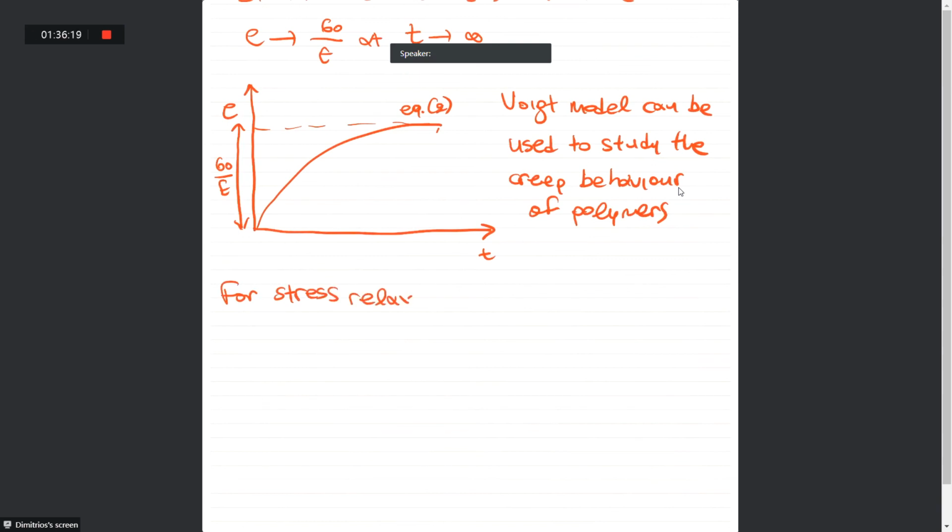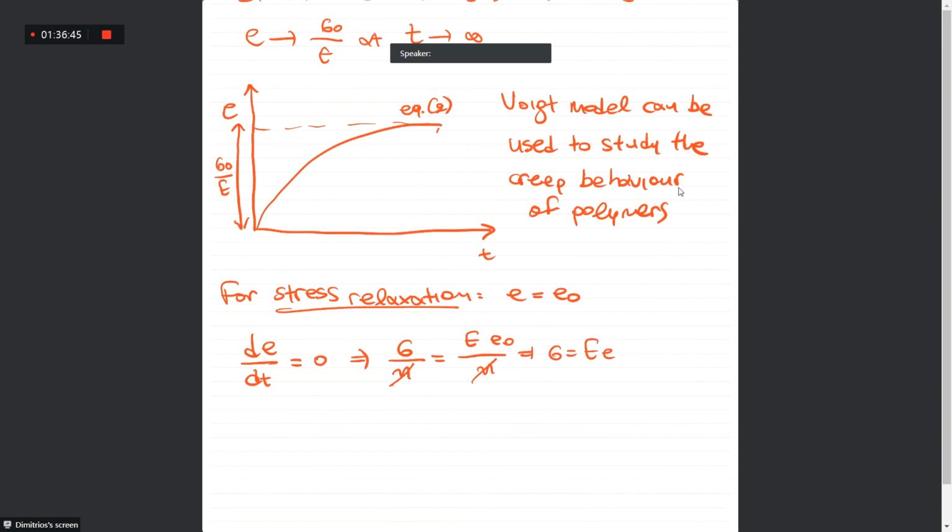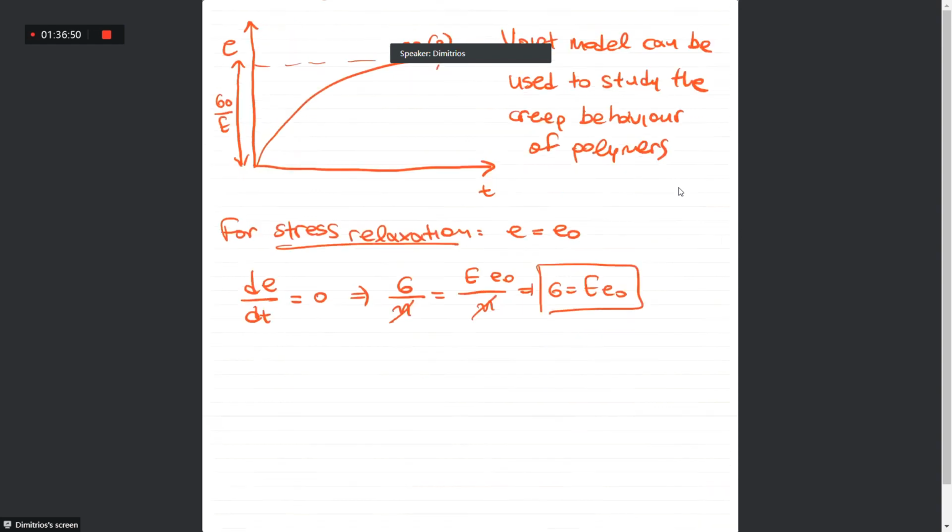So for stress relaxation, we have epsilon equals epsilon 0, so the derivative d epsilon over dt equals 0, and the previous equation becomes that. So the Voigt model tells us that stress relaxation can be approximated with an equation that looks like that.